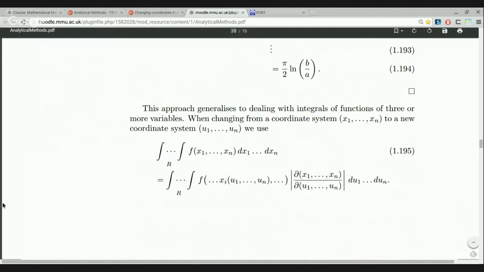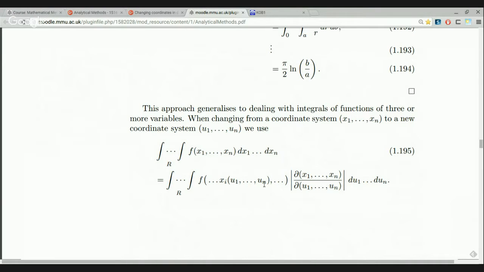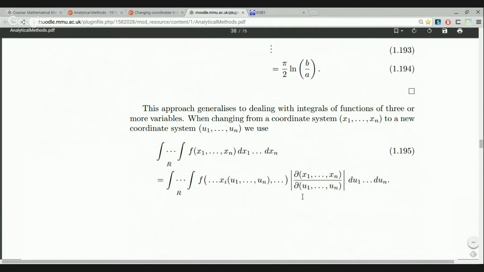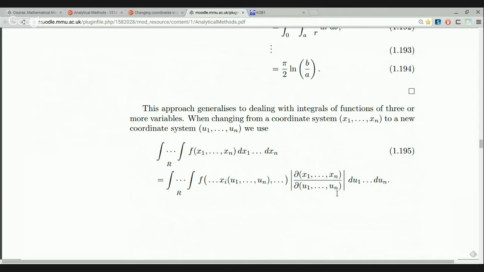You'd need a new system of coordinates u1 up to un. It becomes just lots of dots and lots of indices in the notation. You're evaluating f, replacing each xi with its expression in terms of u1 up to un. All these get substituted in. Then you have the new differentials, du1, du2, etc., up to dun, and you also have the absolute value of the Jacobian of the transformation.